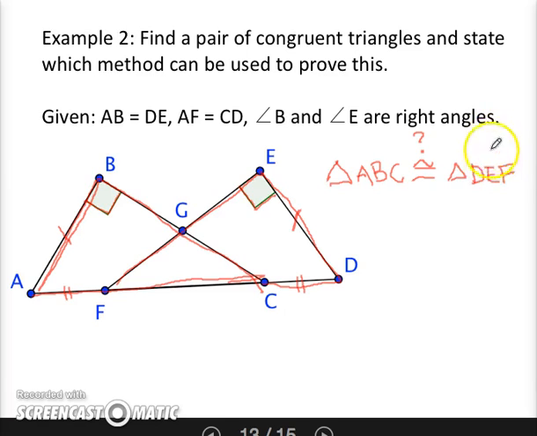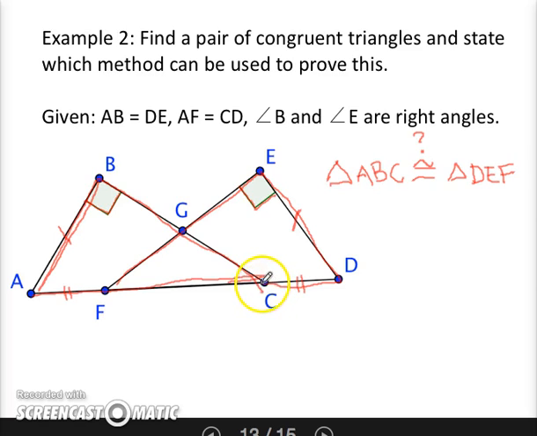Note that I put the right angle in the middle. I named the triangles such that the right angle is in the middle of both names. But this is a strange situation because we're not given this entire side of triangle ABC, and we're not given this entire side of triangle DEF. There's an overlapping section here, which is section FC.